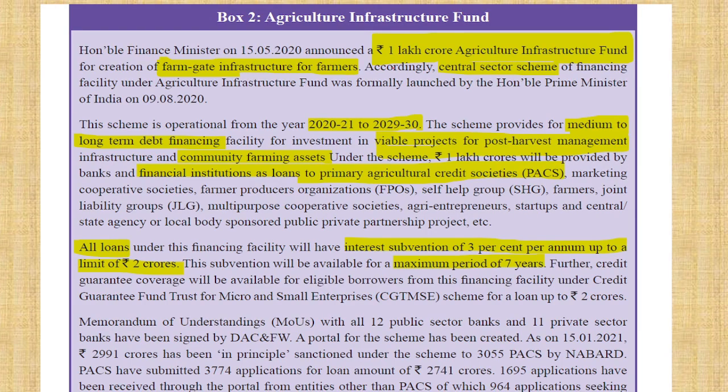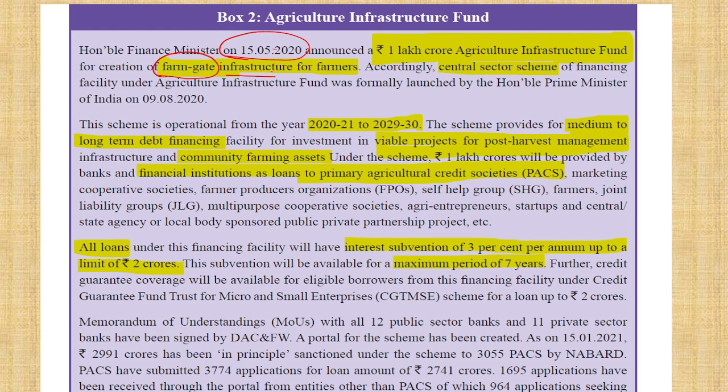Next, this is key. I think this key program you should know. It has been announced in 2020. So what is this? Agricultural Infrastructure Fund. I will tell you the question they will ask. But what does it mean? Agricultural Infrastructure Fund, farm gate infrastructure.